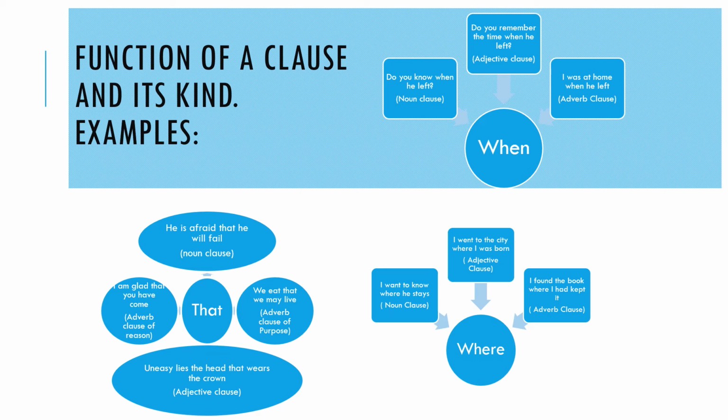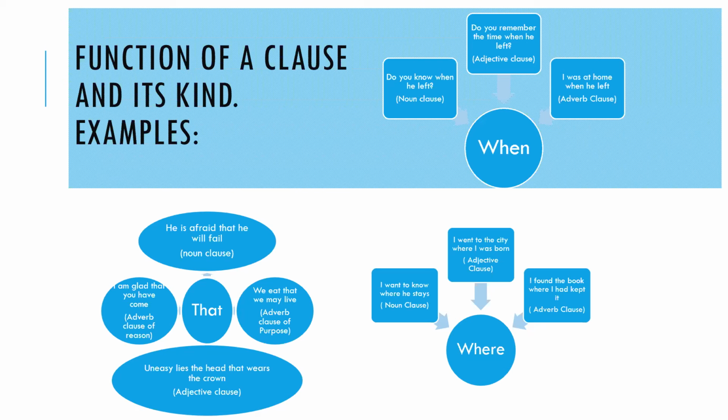Now look at by using that. He is afraid that he will fail. It's a noun clause. I'm glad that you have come. This is explaining the reason why you were glad. So it is called an adverb clause of reason.